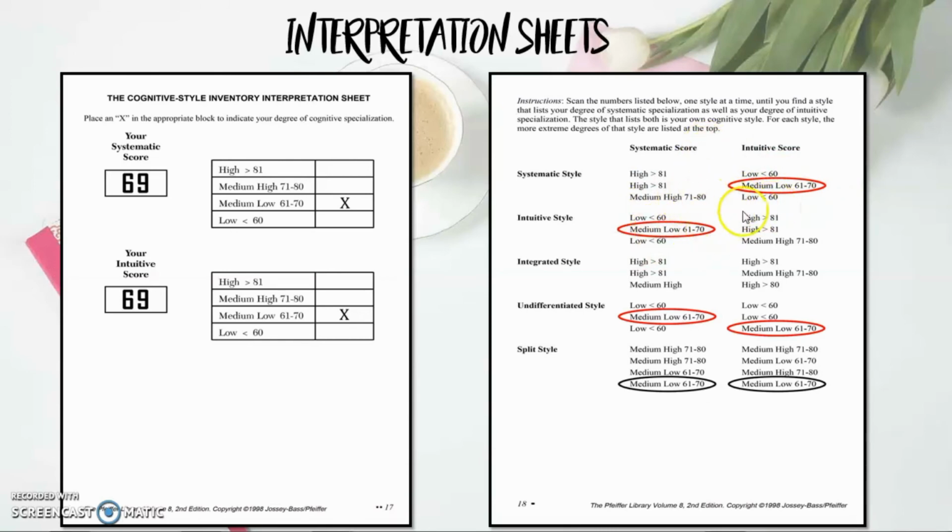The style that lists both determines the respondent's cognitive style, which for our respondent is split style, because in the interpretation sheet she gets the same listing for both systematic score and intuitive score.